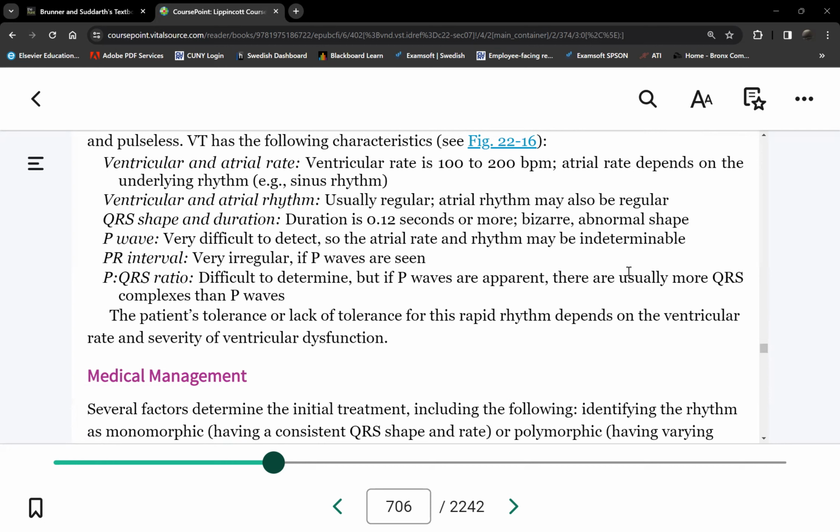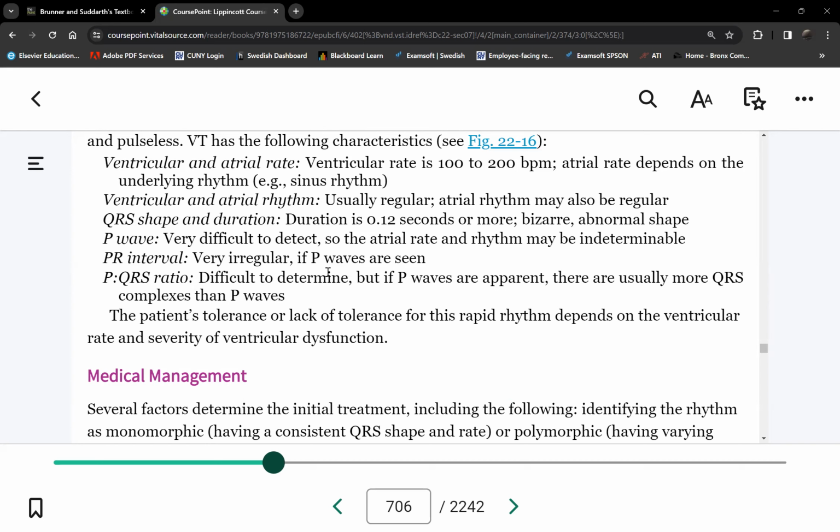With pulseless VTAC, is the patient conscious? No. However, if a patient has VTAC and they're awake, what is your first action? Do you defibrillate? Check the vitals. Let's say Miss Kirko is the patient.